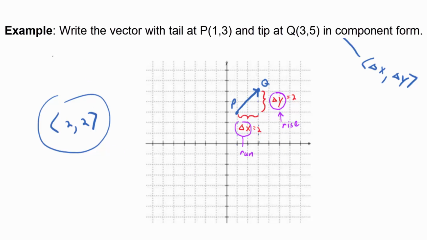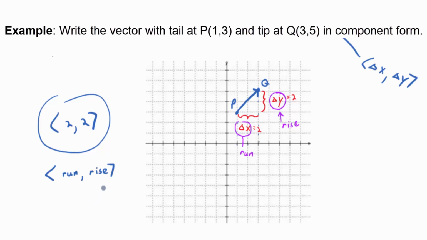So another way of thinking about it is, we're not finding the slope, but the component form has the same elements of the slope. We're finding the run for the delta x and the rise for the delta y, aren't we?